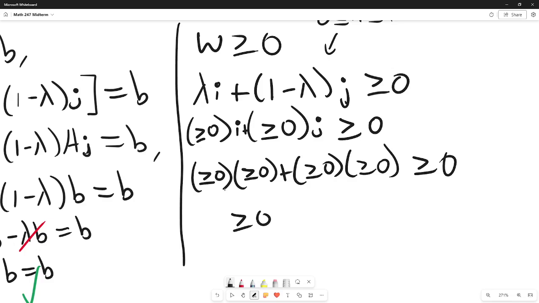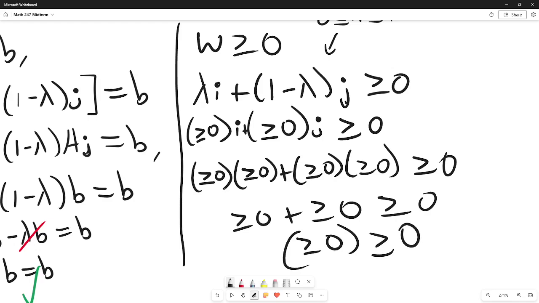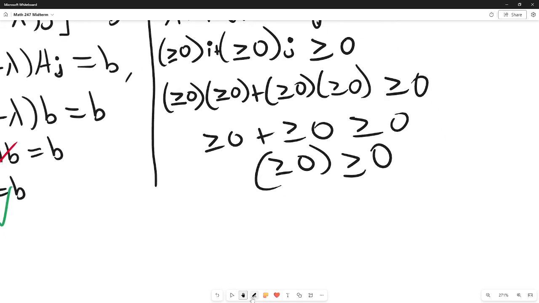Well, if this is something greater than or equal to 0, plus this is something greater than or equal to 0, then that is something greater than or equal to 0, which is the case. And so we've just proved that W is greater than or equal to 0.